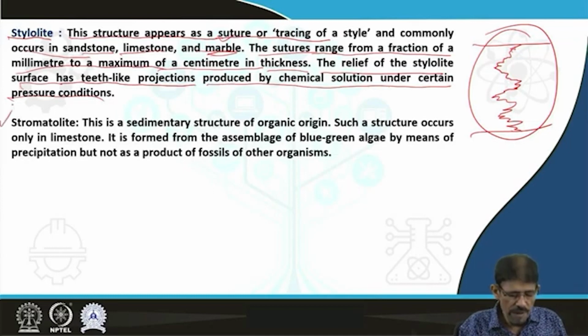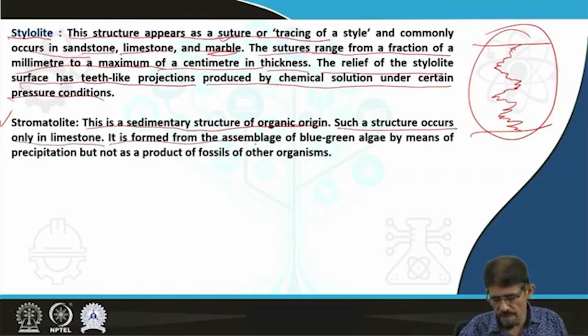Another important structure which we are going to observe is the stromatolite. Stromatolite is not a mechanically or chemically formed structure. It is formed by algal activities, and this is a sedimentary structure of algal origin, and such structures occur only in limestone.